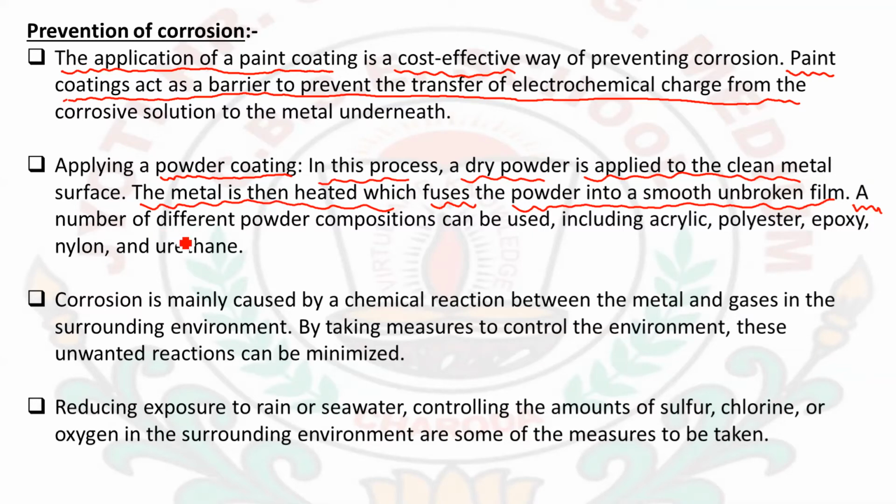A number of different powder compositions can be used, including acrylic, polyester, epoxy, nylon, and urethane. All these are the types of powders which are used to coat metal surfaces. There can be acrylic powder coating, polyester powder coating, epoxy powder coating, nylon powder coating, and also urethane powder coating, but it is one of the expensive methods.